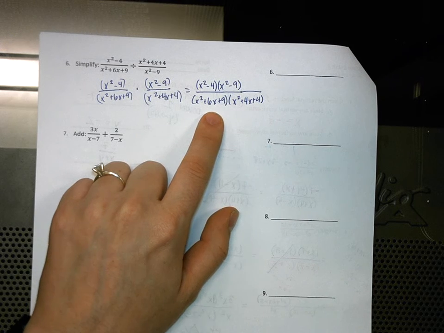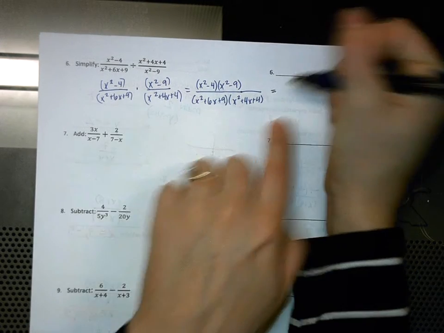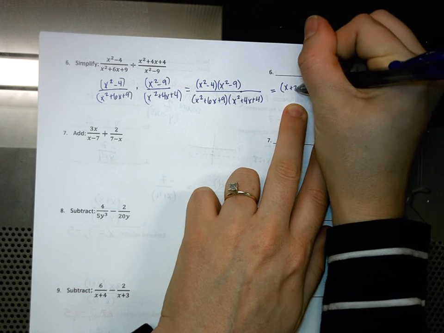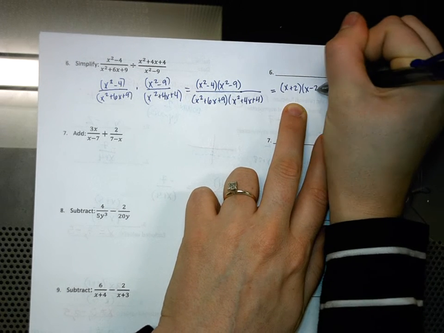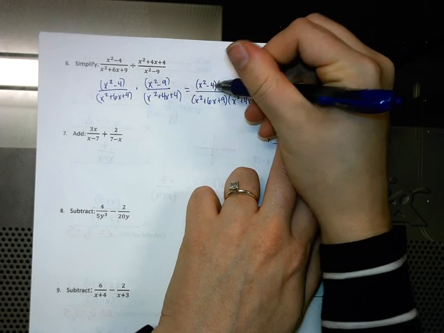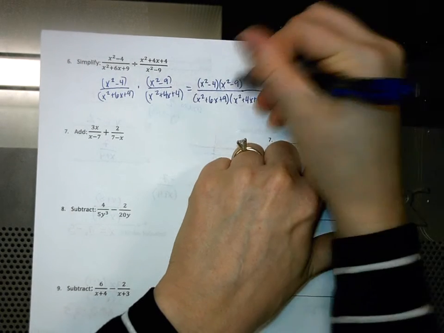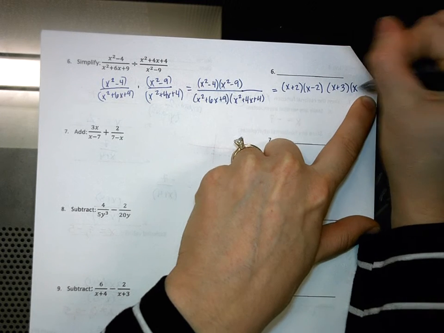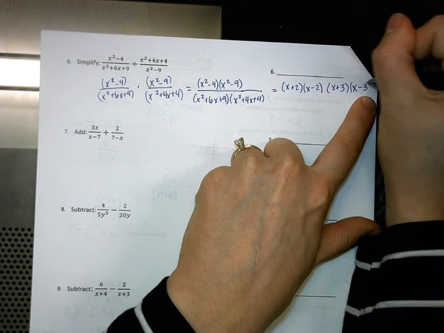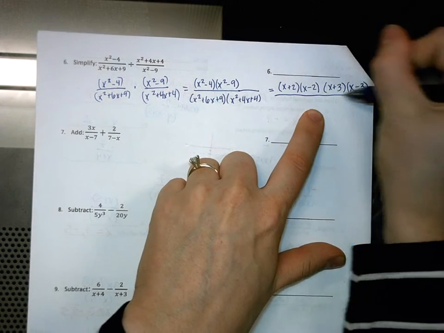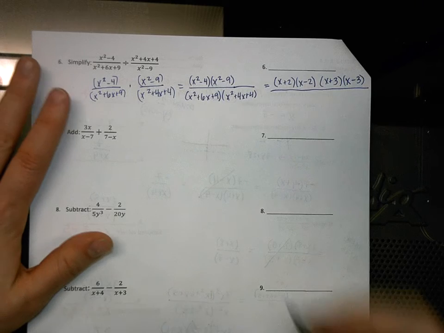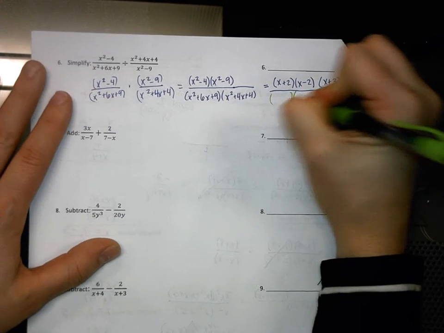So a difference of squares factors to 2 binomials, x plus 2 and x minus 2, for x squared minus 4. For x squared minus 9, that's x plus 3 times x minus 3. But trinomials factor to 2 binomials as well. So let's guess and check for my first set.